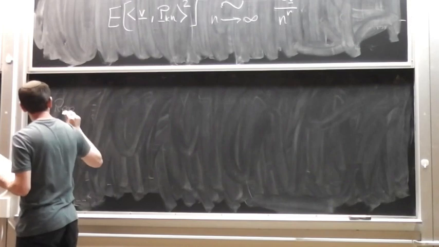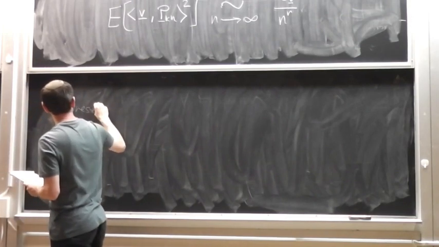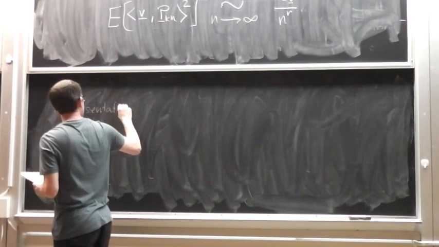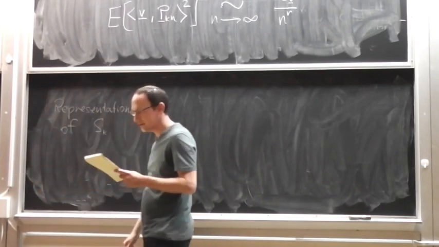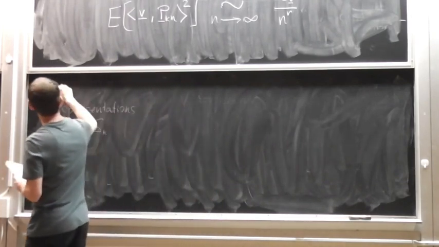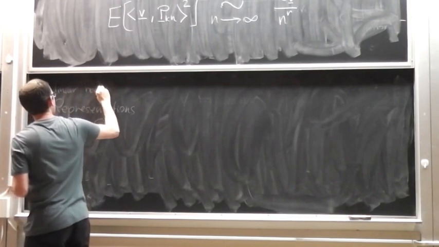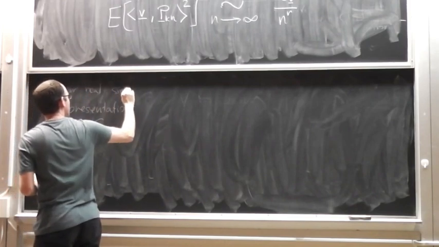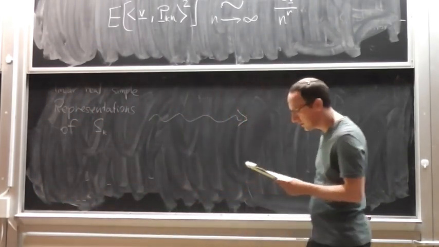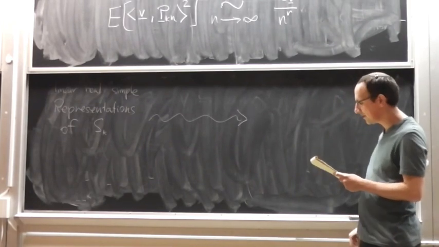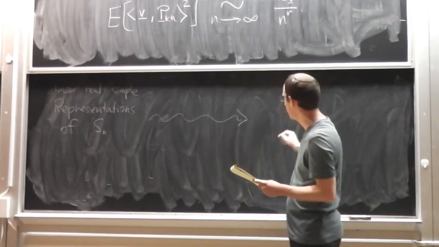I'm not going to tell you much about it, but from the linear, real, simple representations of S_k, you can, it doesn't matter exactly how at this moment, define some basis of the space.